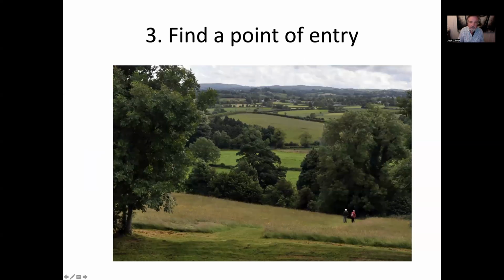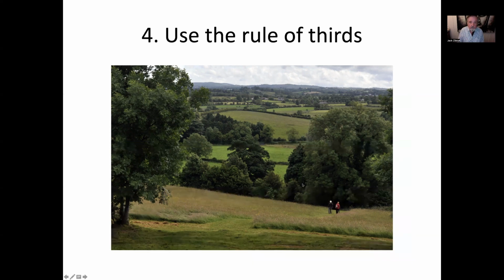Find a point of entry, also from Ireland, and we'll show a few from my recent trip. These people make the picture, give you a sense of scale, give you a sense of the scene. Remember color? That red stands out from the green background. Point of entry here. You can start with the tree and follow the lines. Rule of thirds.